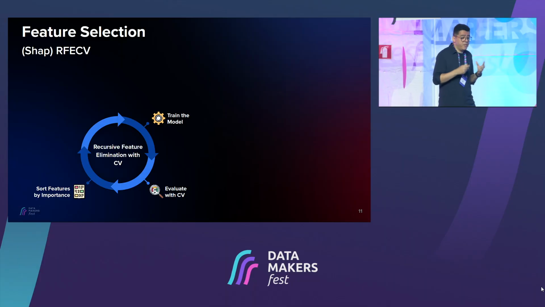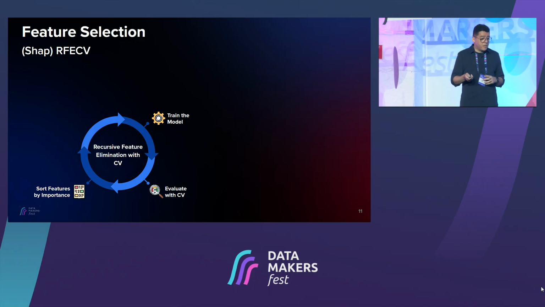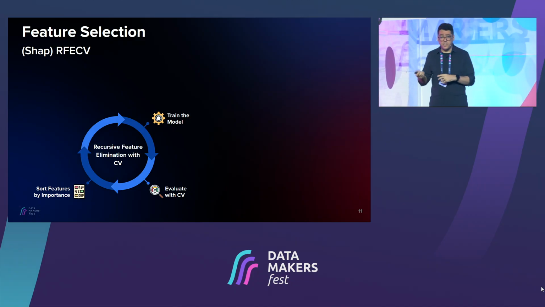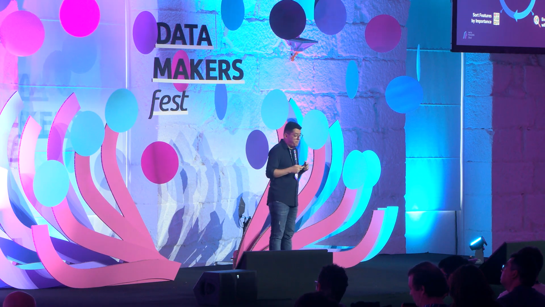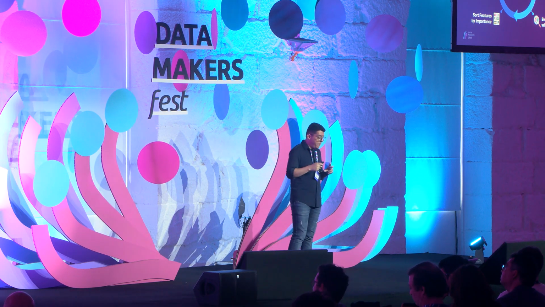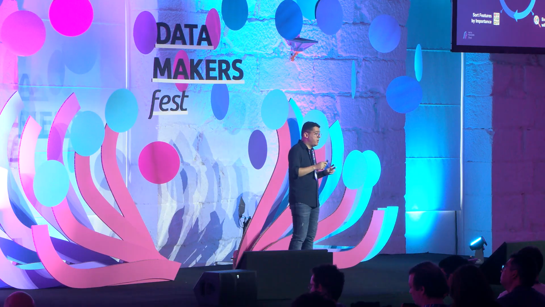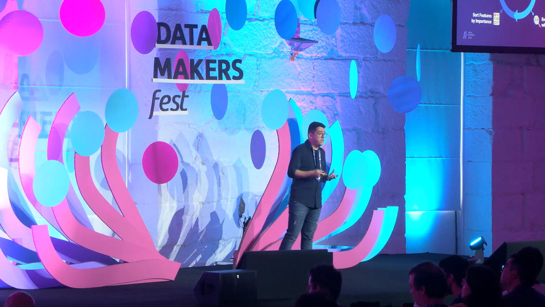And then we sort the features by importance. And here, I'm using SHAP values instead of the default importance of the algorithms. And why? Because SHAP values usually use the predictions on your validation set to estimate the importance, and not the training set as typically is used by the algorithms to estimate importance.